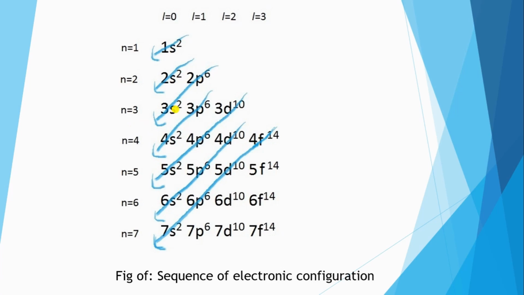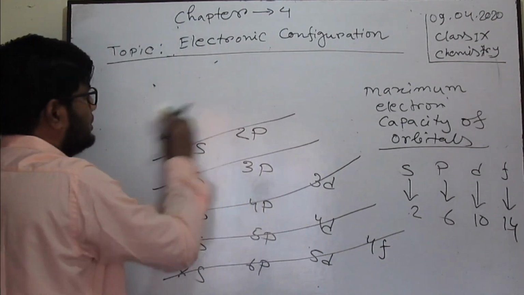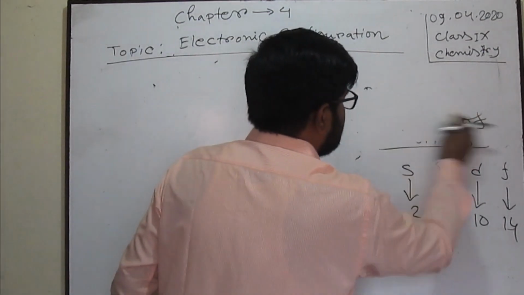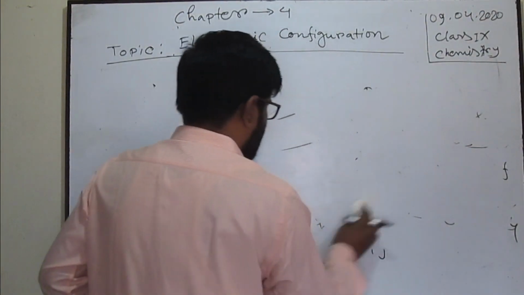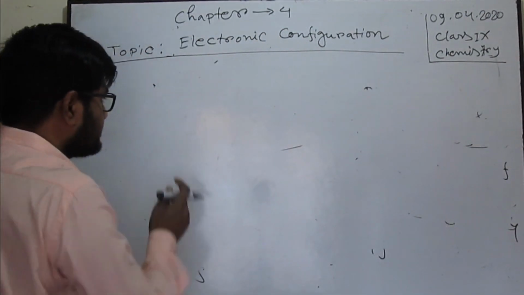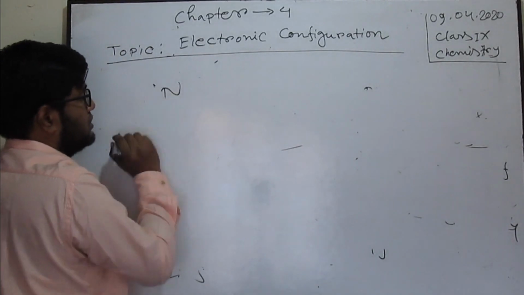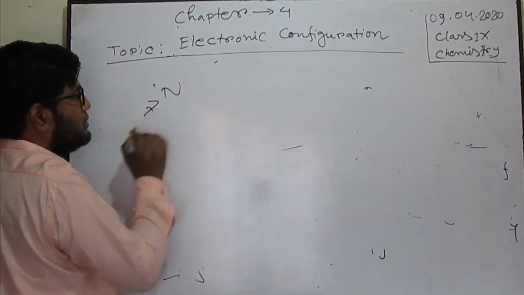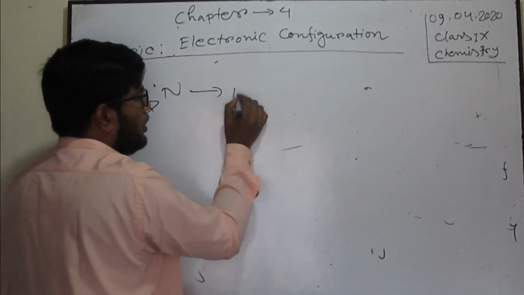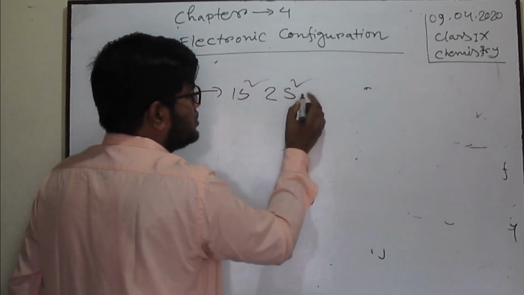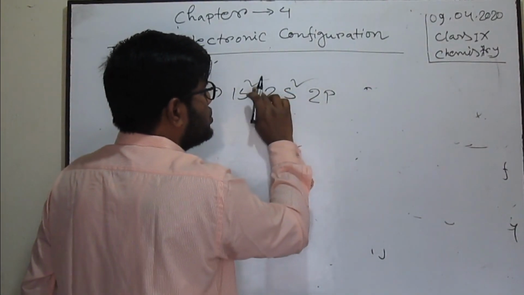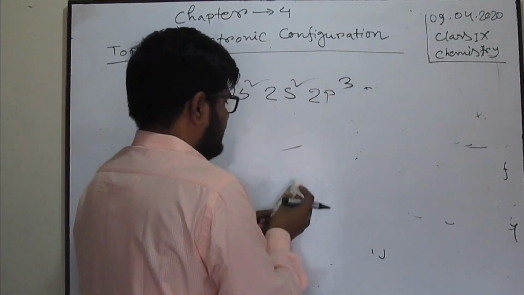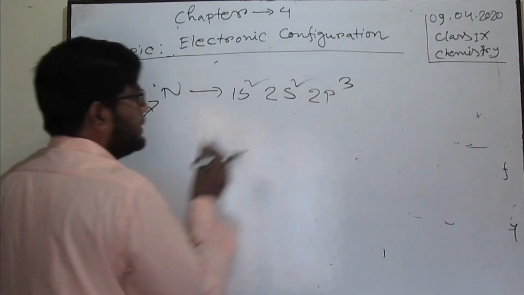Then you can learn how to write the electronic configuration of different elements. Suppose nitrogen, which comes from fun. Nitrogen's atomic number is 7, so 1s2, 2s2, then the remaining 3 electrons go to 2p, so 2p3.